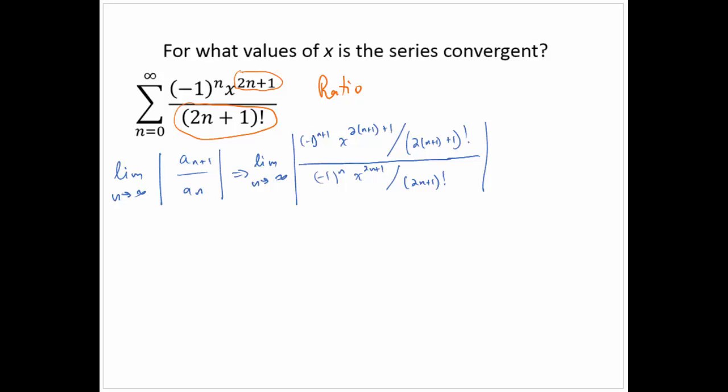Now those negative 1 to the powers under the absolute value will go away.